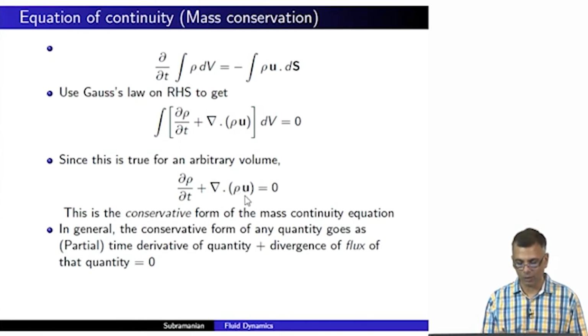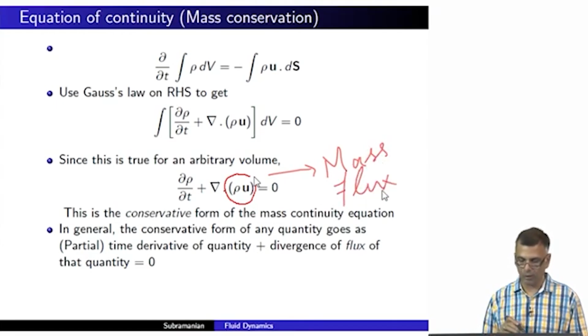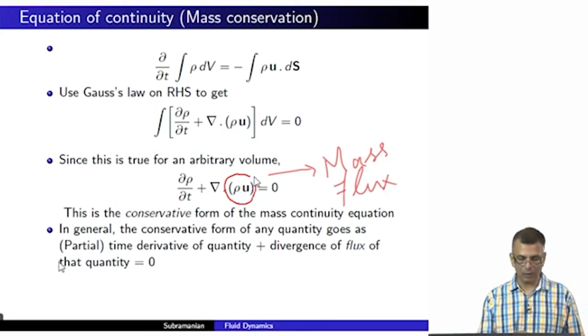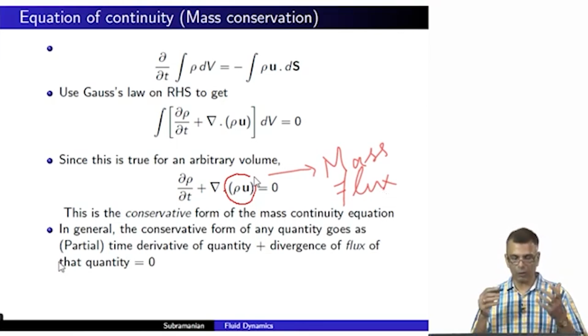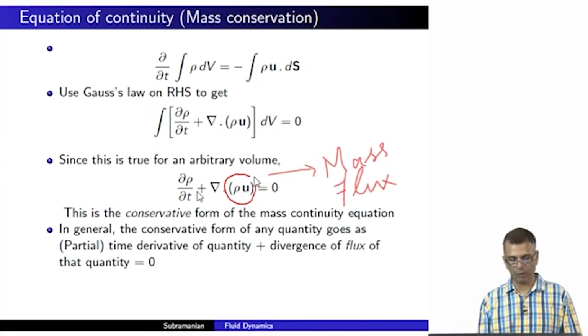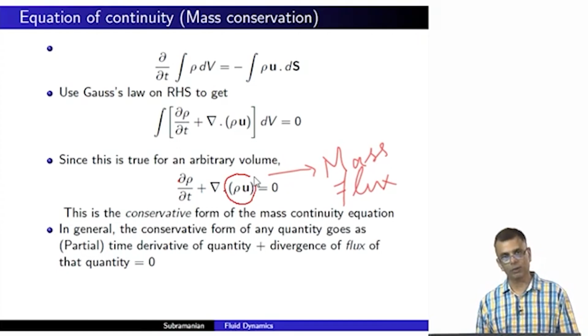Remember, we spent a little bit of time showing how rho u is the mass flux, right? So this is what's called the conservative form of the mass conservation equation, and it takes the following form: the partial time derivative of mass density plus the divergence of the flux of mass is equal to 0.